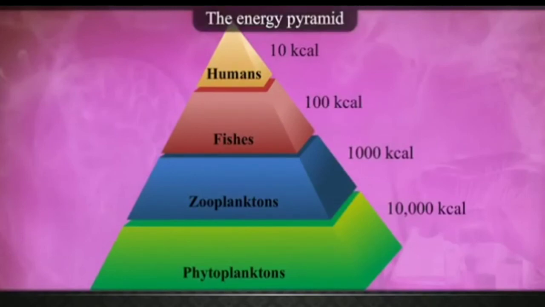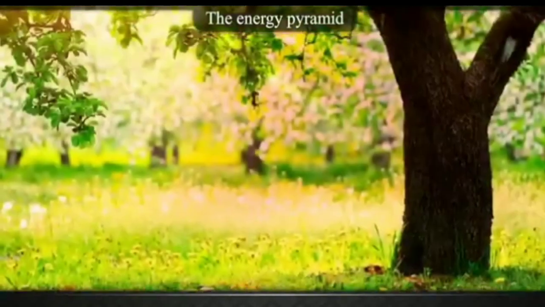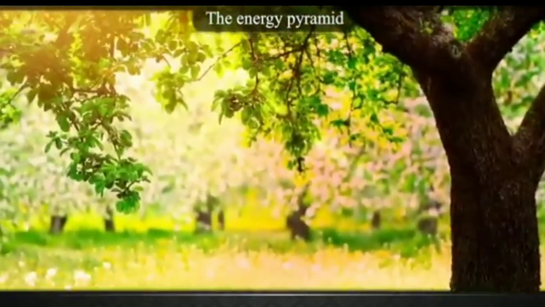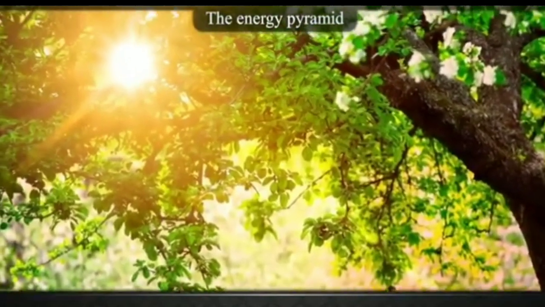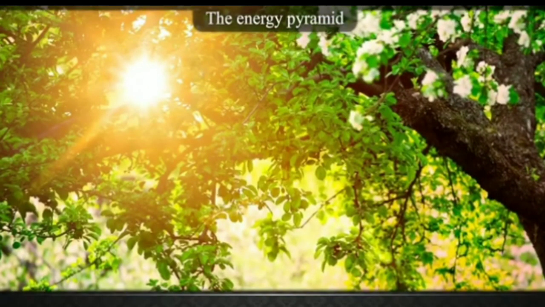Decomposers dissipate some amount of energy in the form of heat. However, no part of energy ever returns to the sun. Therefore, children, such passage of energy is referred to as one-way transport. Are you getting me, children?